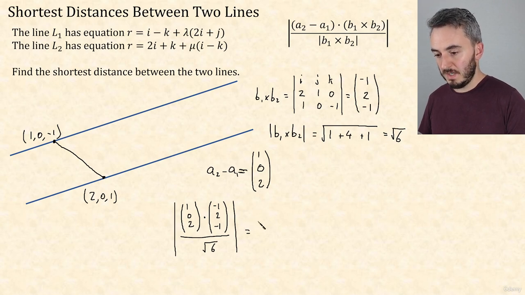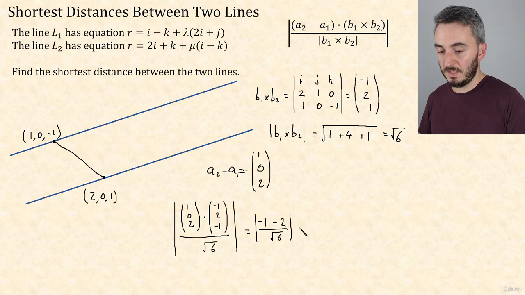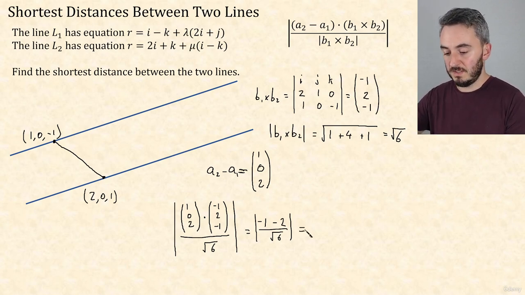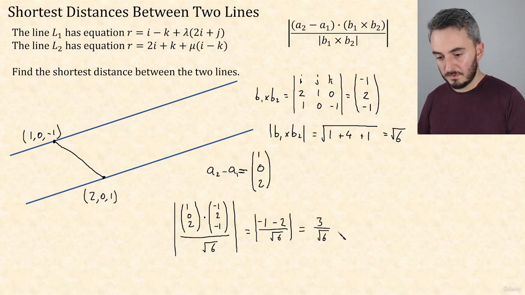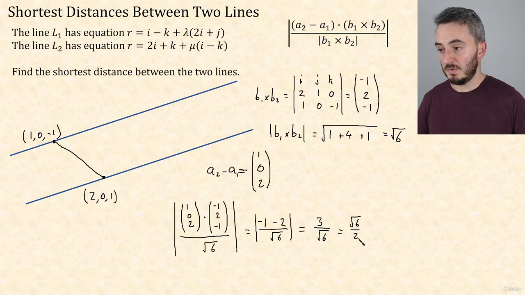We get -1 plus 0 minus 2 all over root 6. We are going to need that modulus because that's 3 over root 6. Well, it's minus 3 over root 6 or positive 3 over root 6. And rationalized, if you like, gets you root 6 over 2. And there's our shortest distance between those two lines.